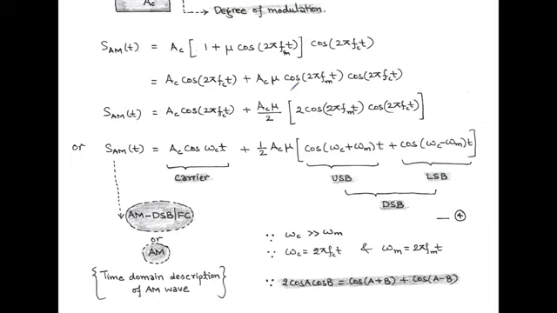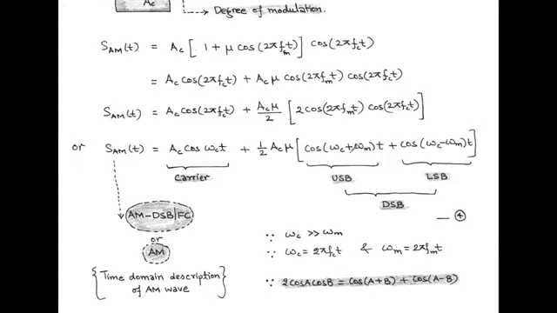For the simplification, in the second term we can use a formula 2 cos A cos B, that is cos(A plus B) plus cos(A minus B). Here in place of 2 pi f_c t we can write omega_c, and in place of 2 pi f_m t we can write omega_m.